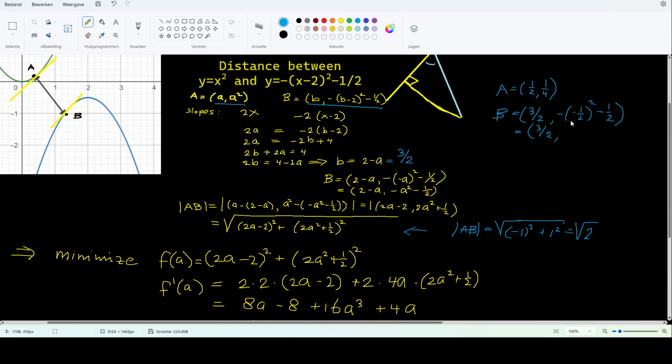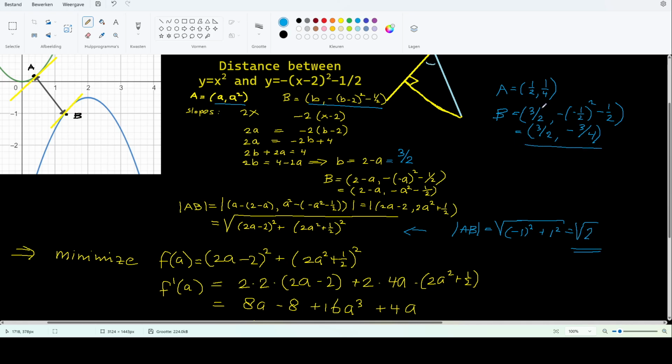Minus 1/2 squared is 1/4. And you subtract it, but here you get 1/2 down from this. So it's 1/4 minus 1/2, so that's minus 3/4. Okay, let's check if that's correct. Yes, that seems to be the case. Okay, so the answer to the question will be this 1/2 square root of 2, because that's the distance.